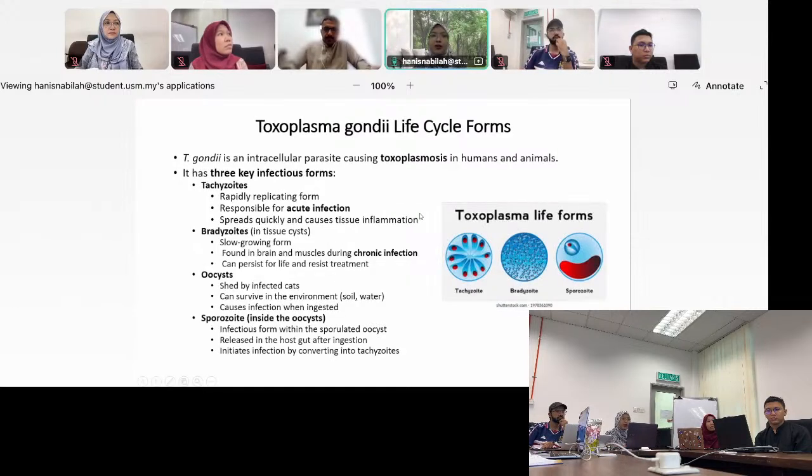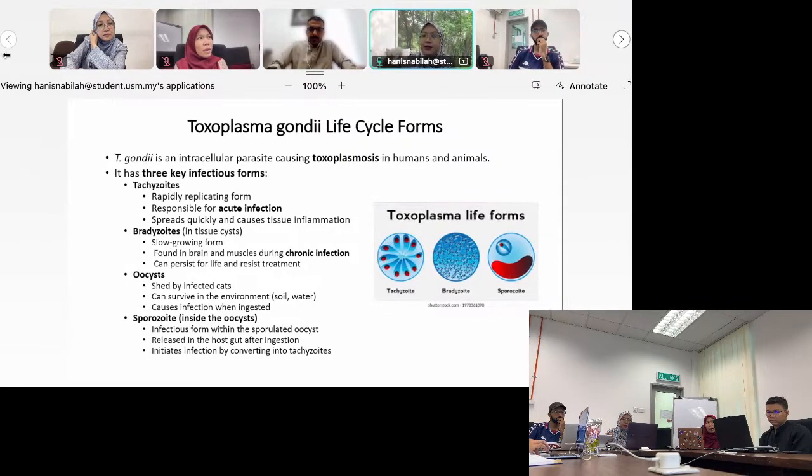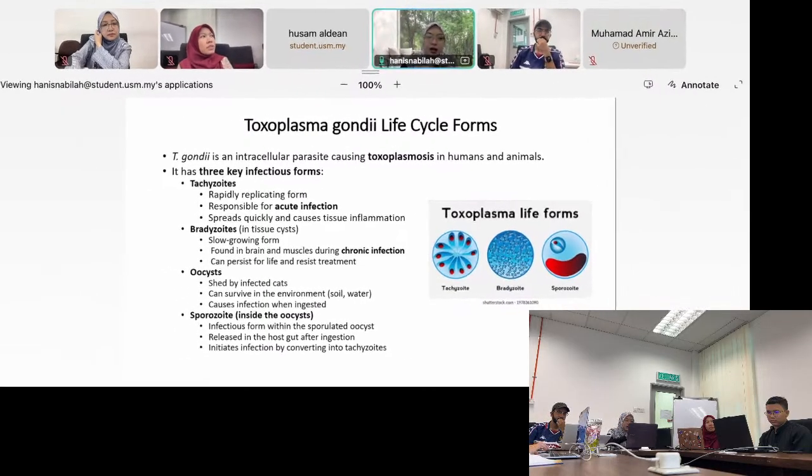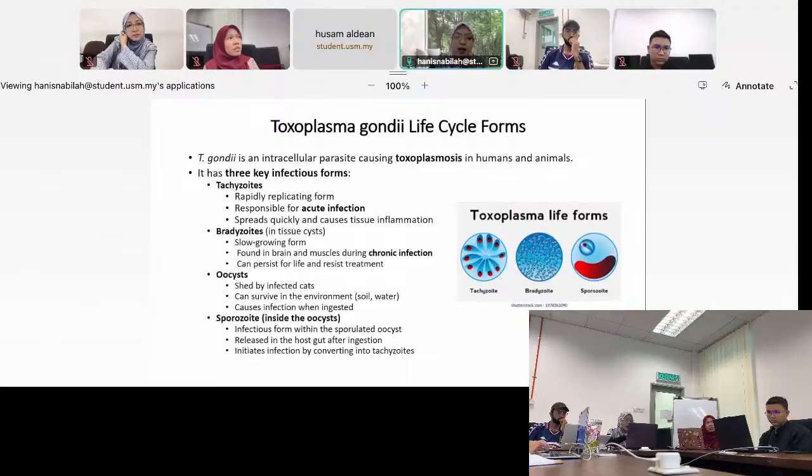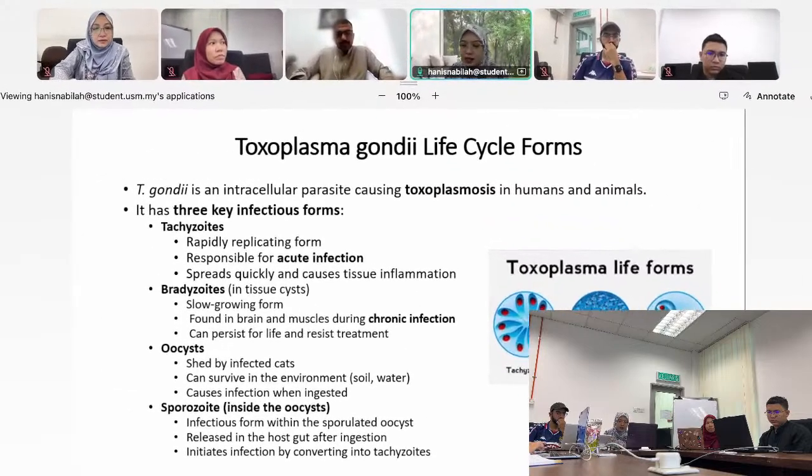So for Toxoplasma gondii infection, they rely on the infectious forms. In this parasite, they have three infectious forms: tachyzoites, bradyzoites, and oocysts, and also sporozoites inside the oocyst itself.